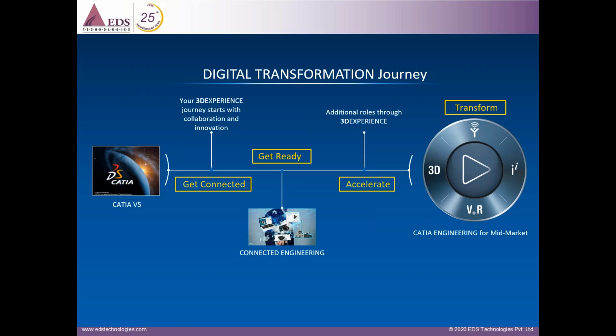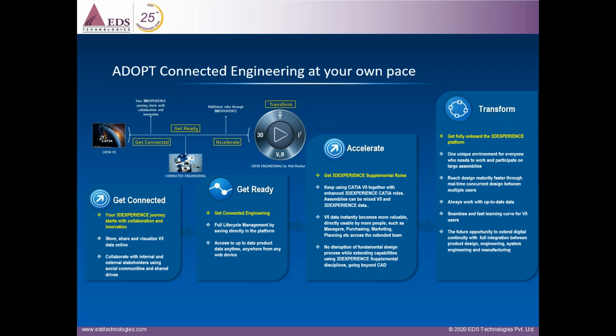So here I'll be focusing on the 4 points: get connected, get ready, accelerate, and transform as a part of this connected engineering approach. So here we have get connected, in the sense, using the engineering excellence packages which are available.